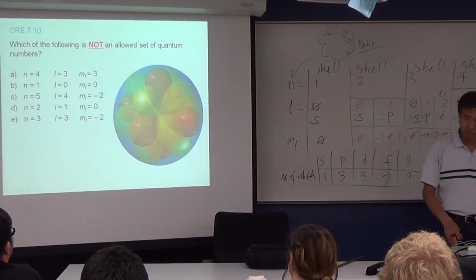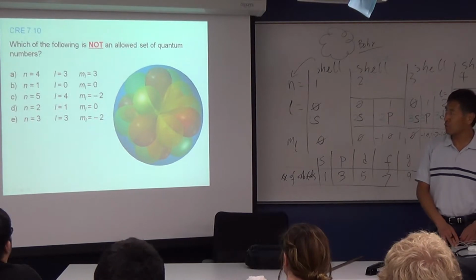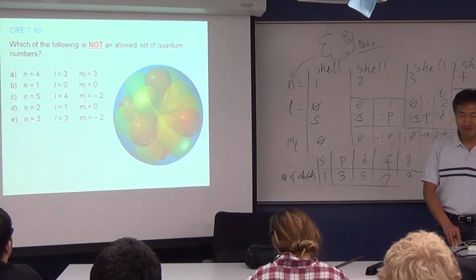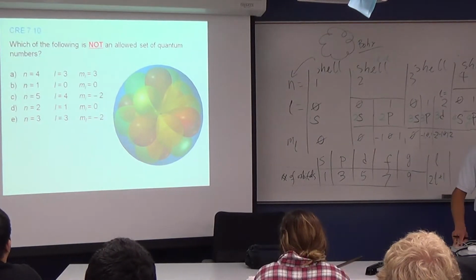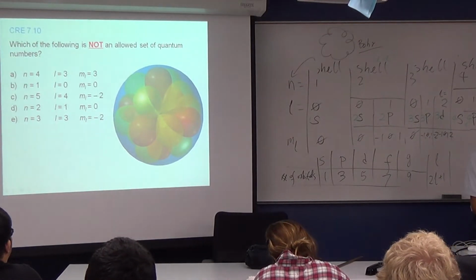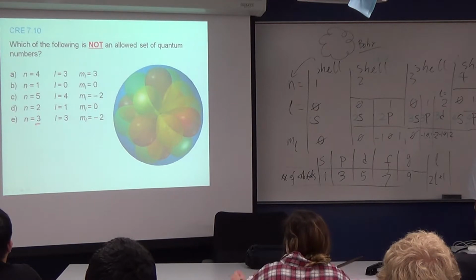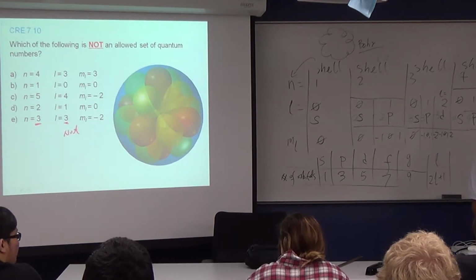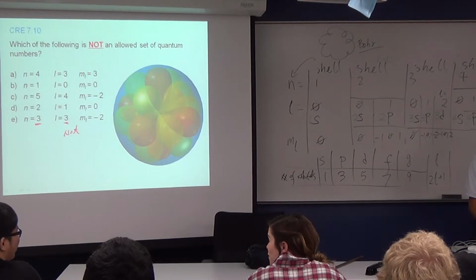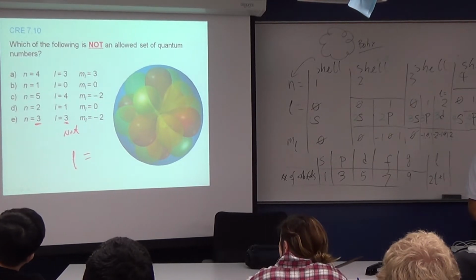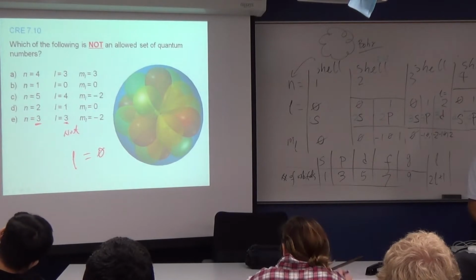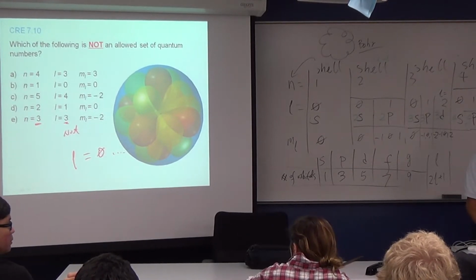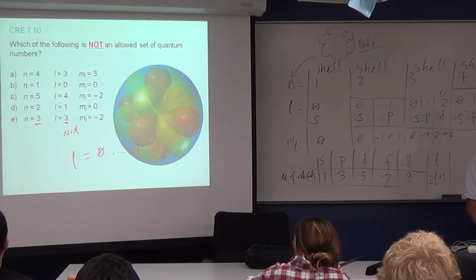Which of these is not good? C? E? Why? This is N is 3, and your L is 3. Not good, right? Remember, L can only go from 0 to n minus 1.